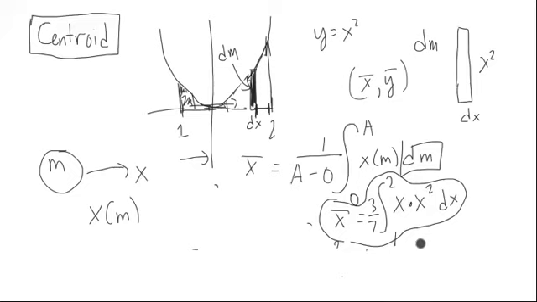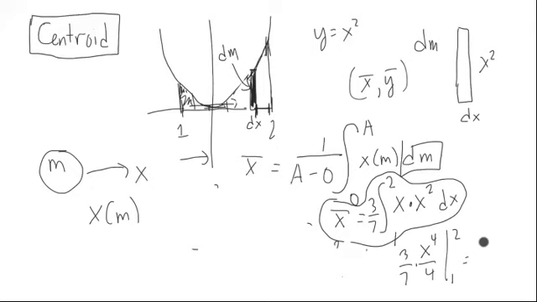So this is just x cubed. So we're going to get x to the 4th over 4 from 1 to 2, and we're going to be multiplying that by 3 over 7. So that's going to be 16/4, which is 4 minus a 4th, which would be 15/16.